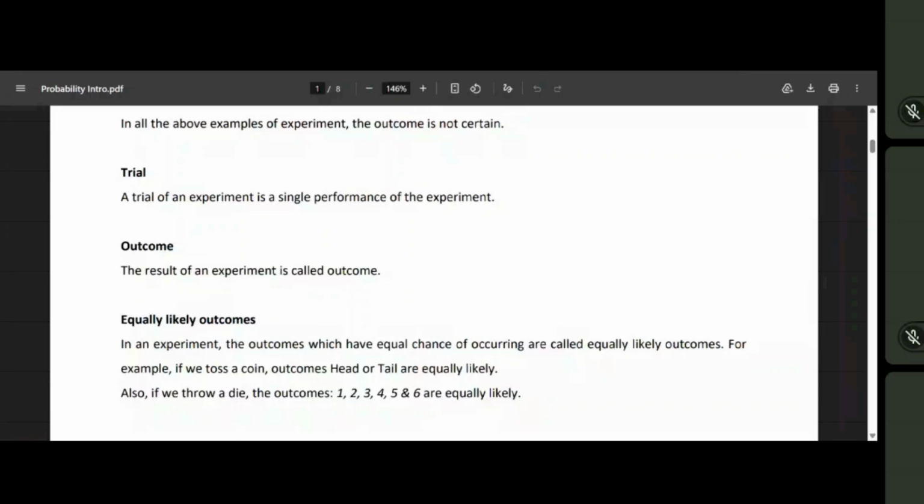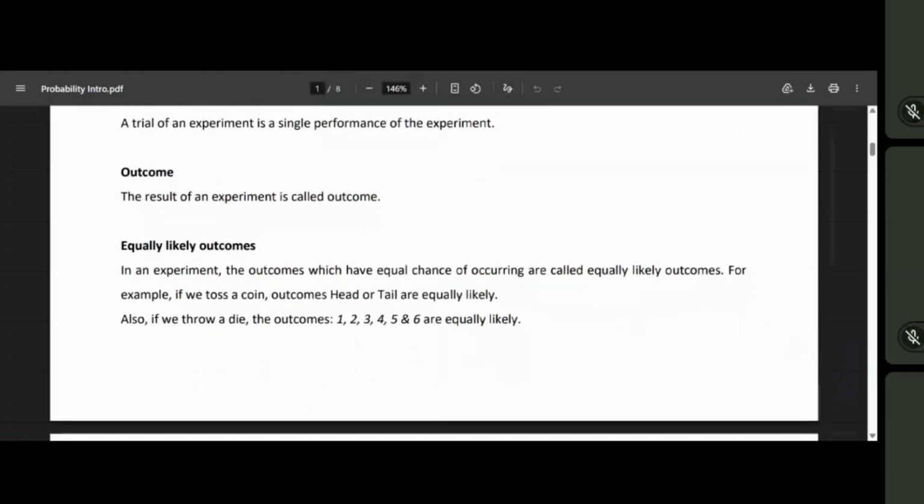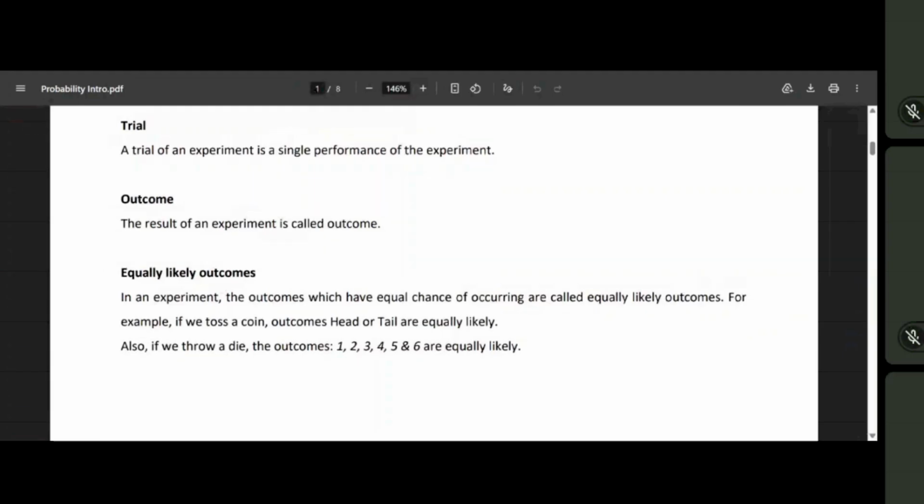So they all have 1 chance out of the 6 chances of occurring. So they have what? Equally likely events. But where we have a situation where one has maybe 1 out of 6 chances of occurring, and the other has 2 out of the 6, then they are not equally likely outcomes.